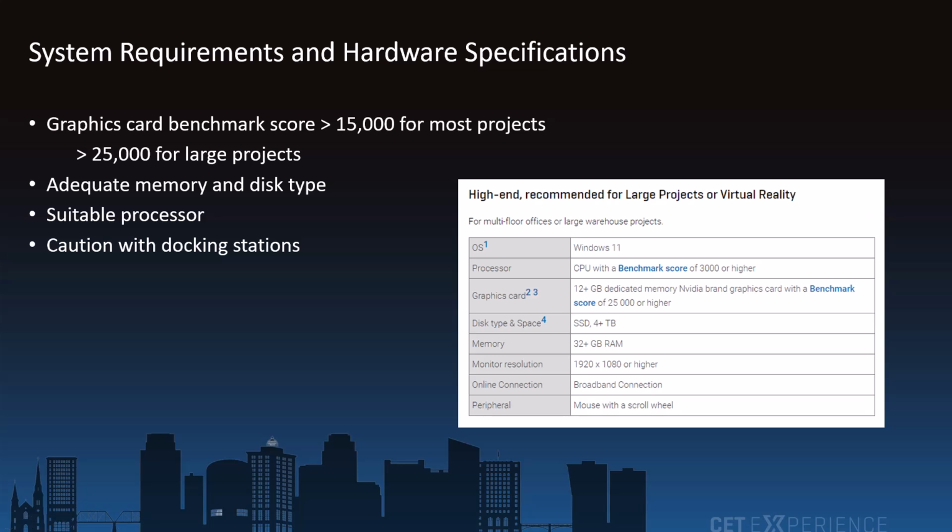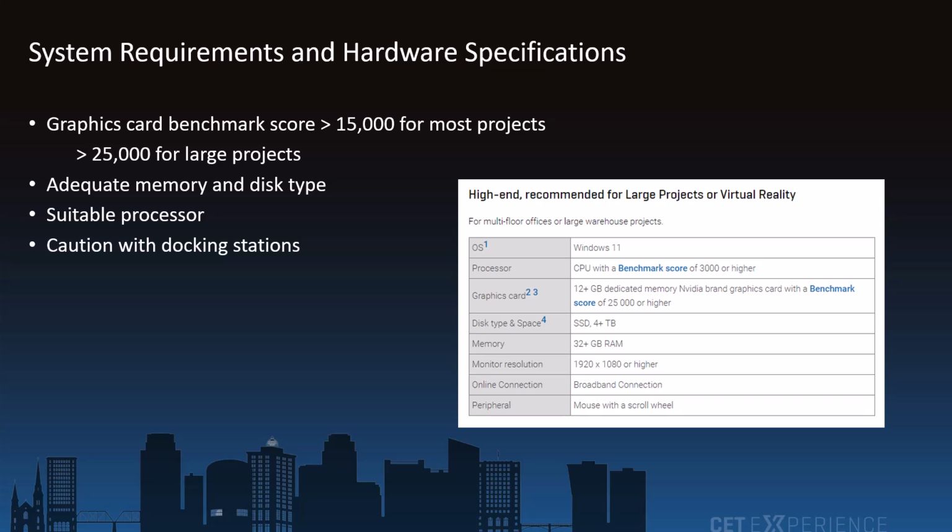So when you take a look at this, there's a few things that we are really looking for. We're looking for a graphics card with a benchmark score of 25,000 or higher for these larger projects. So a benchmark test is a test that measures how well your GPU performs under stress. You can Google GPU benchmark if you're unsure of what your specific GPU score is.